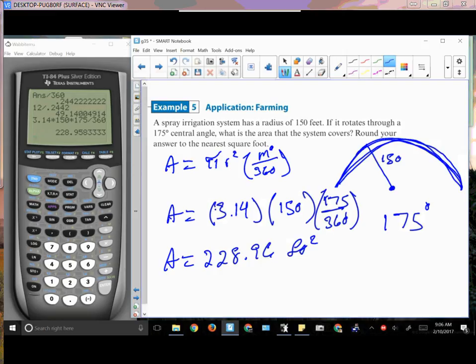By the way, you know how many square feet are in an acre? A section is 1 mile by 1 mile. A section is 640 acres.